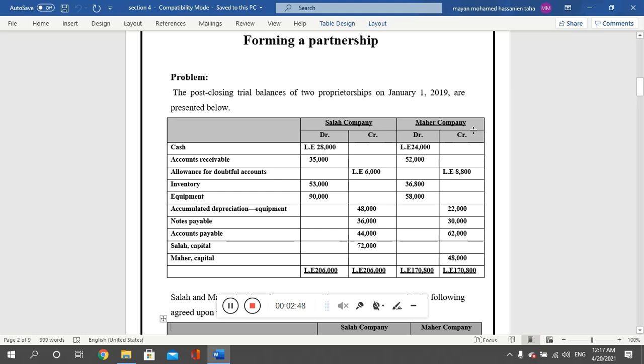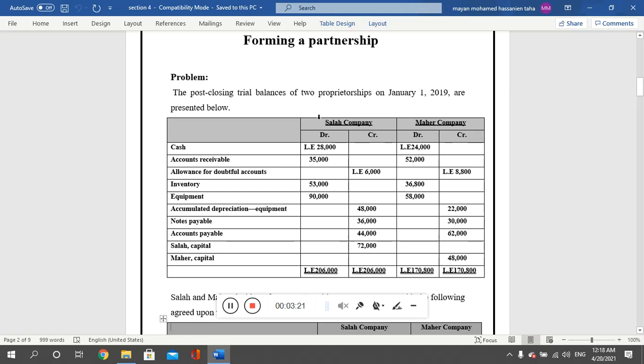If there is any adjustment, we make a trial balance after adjustment. After preparing the trial balance after adjustments, we make the financial statements: balance sheet, income statement, retained earnings, owner's equity, and any statement that we need in our organization. So this is a trial balance after adjustment for two sole proprietorships, Salah Company and Maher Company.